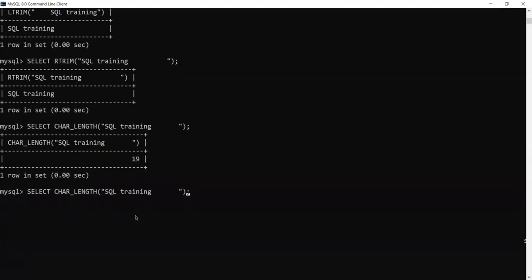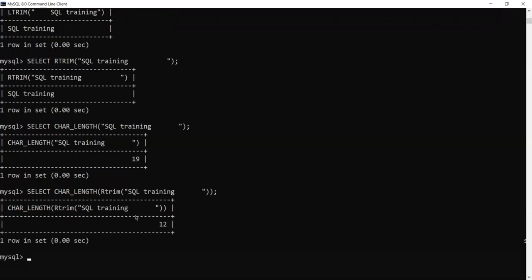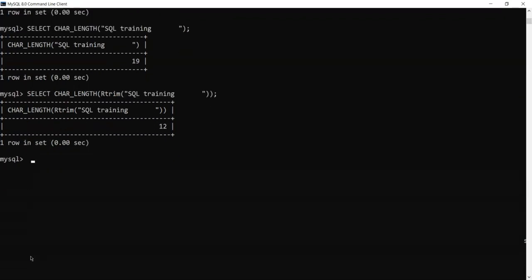Now what if I trim this? It should give me only 12 because it has trimmed my spaces. So let me write RTrim here. Now you can see that the spaces that were present were trimmed, and when we take the char length of it, we get 12. That means the spaces are now trimmed. So that was LTrim and RTrim for you.